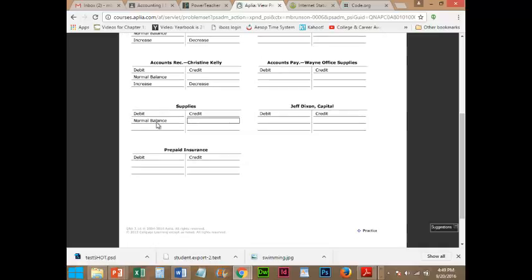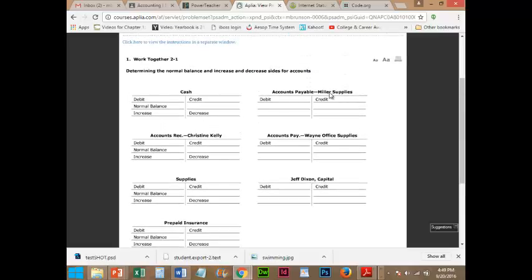Normal balance is always a debit, meaning if we increase our supplies, if we buy some supplies so we have more, we're going to record that as a debit. If we use some supplies, we're going to record that as a credit. Supplies decrease with credits. Prepaid insurance, also an asset. Debit normal balance. Increase with debits. Decrease with credits.